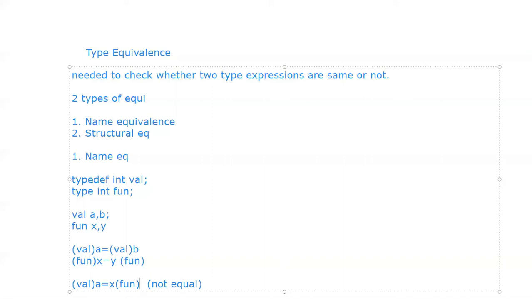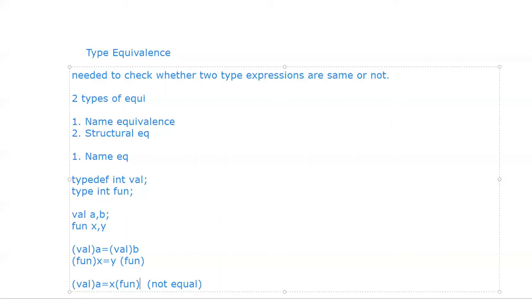So these two expressions are not equal, right? Internally it won't check whether these data types belong to a similar data type or not. It will see only the name of the data type. If it finds that the names of these two data types are different, it means these two expressions are different.